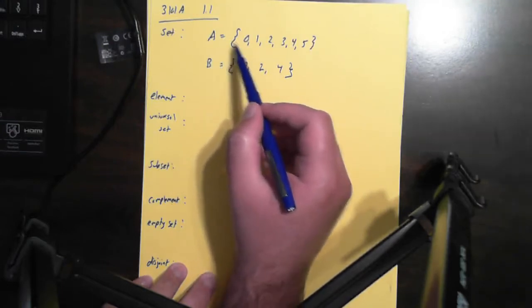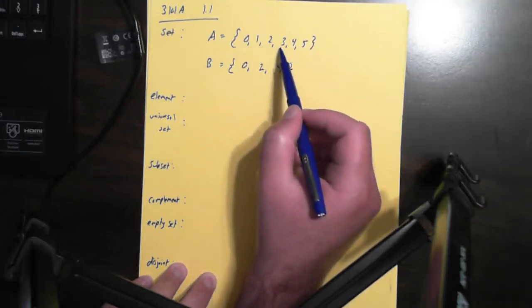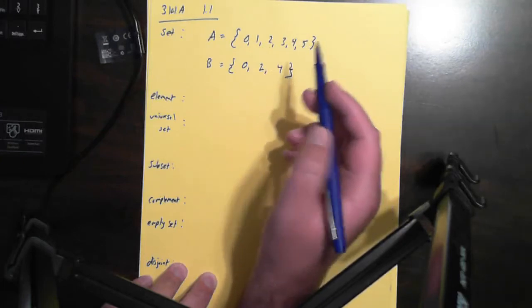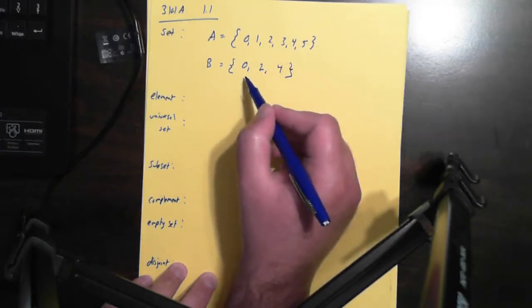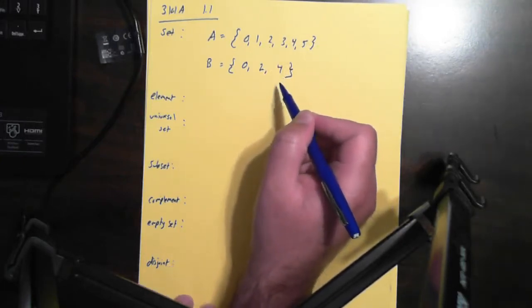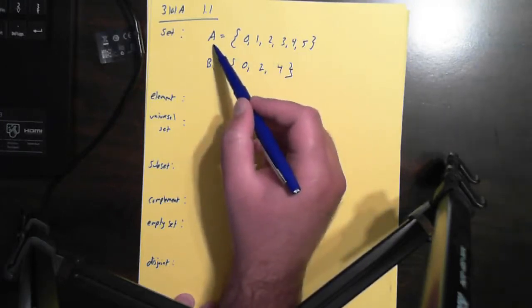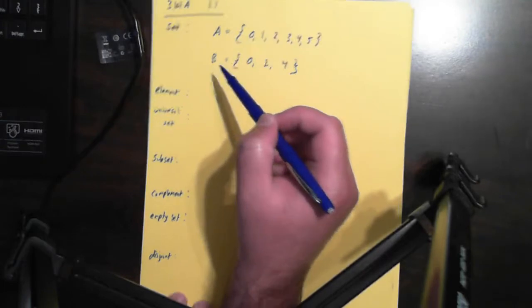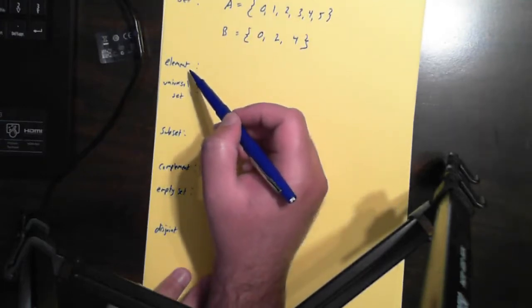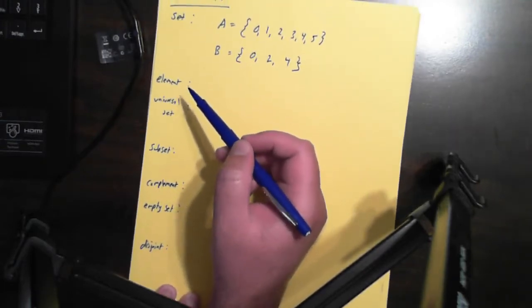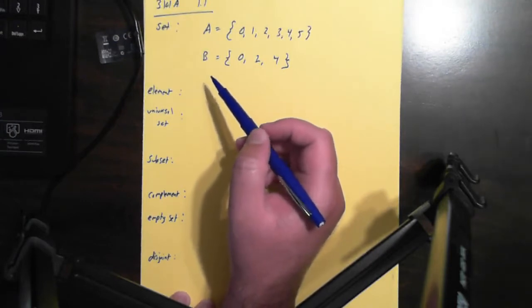Set A could be the numbers 0, 1, 2, 3, 4, and 5. Or set B could be the numbers 0, 2, and 4. Okay? So these are both called sets. This would be called set A. This would be called set B. An element is really just a number that's inside of a set.